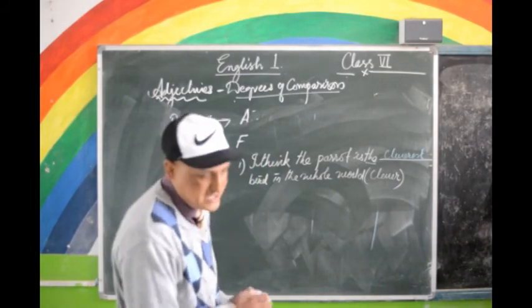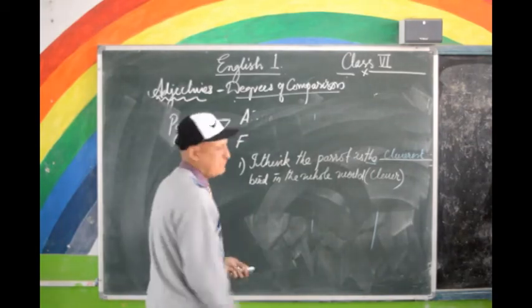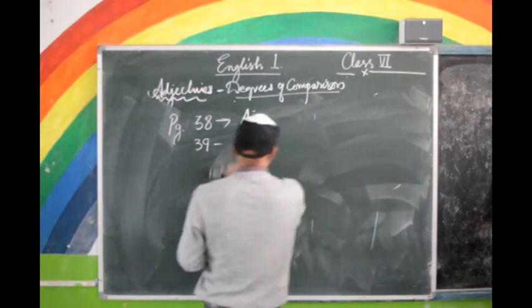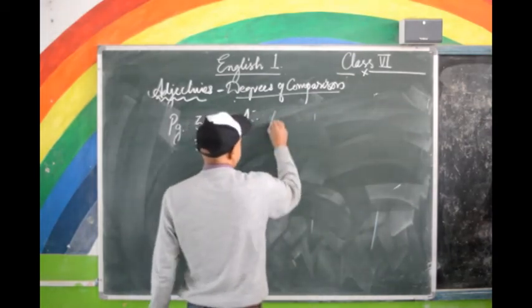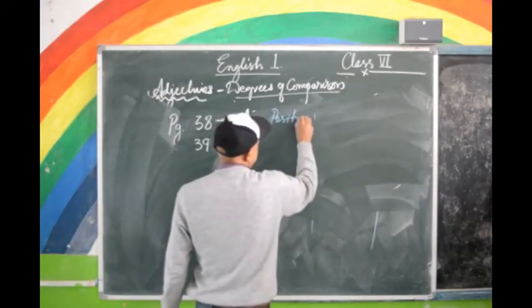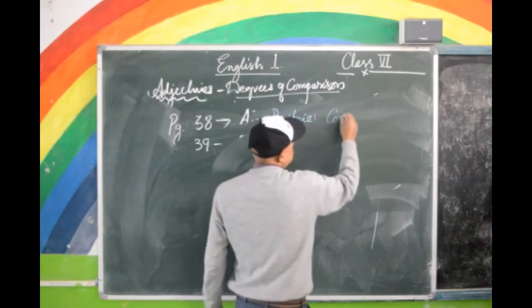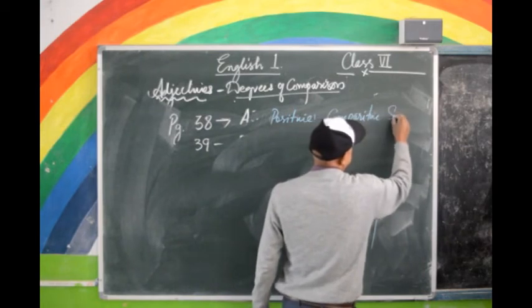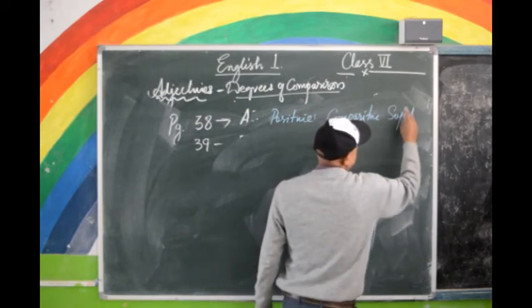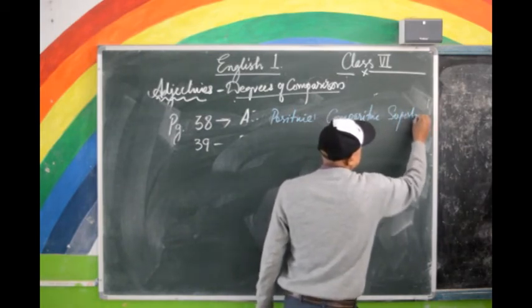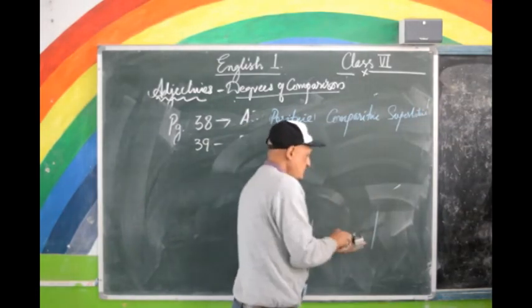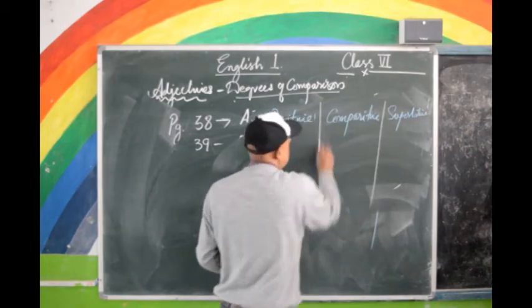For exercise A, page 38, we can make columns. You can make 3 different columns. First one will be positive. Second one will be comparative. And third one will be superlative. You can make 3 different columns in your exercise book.